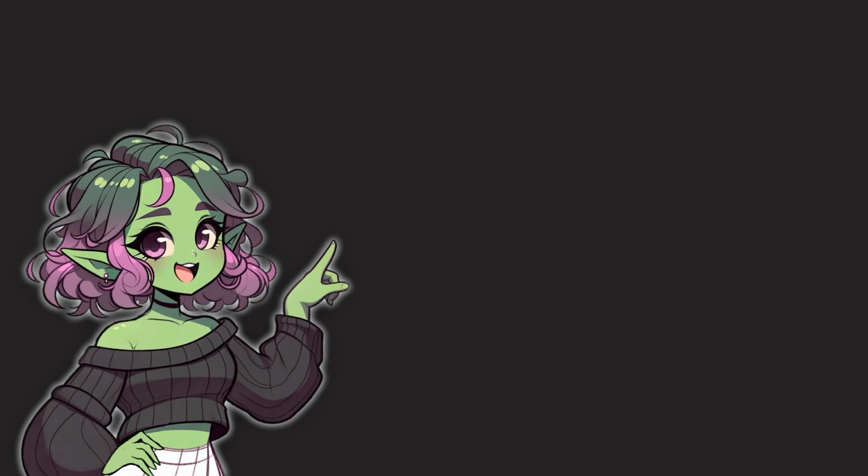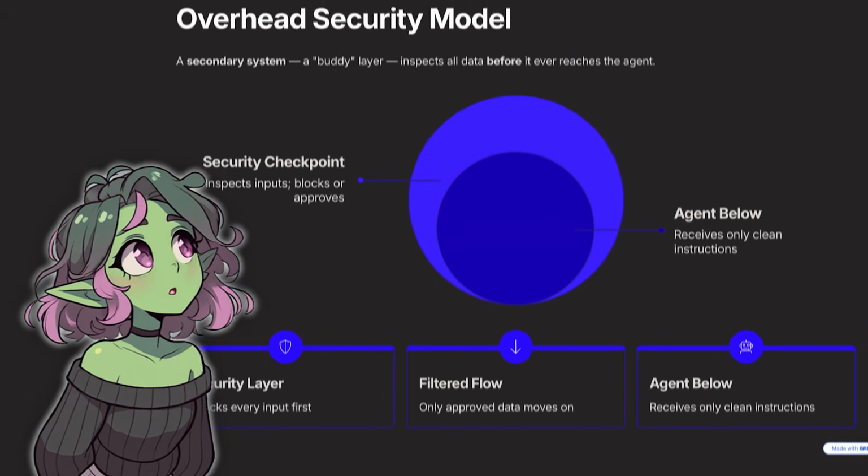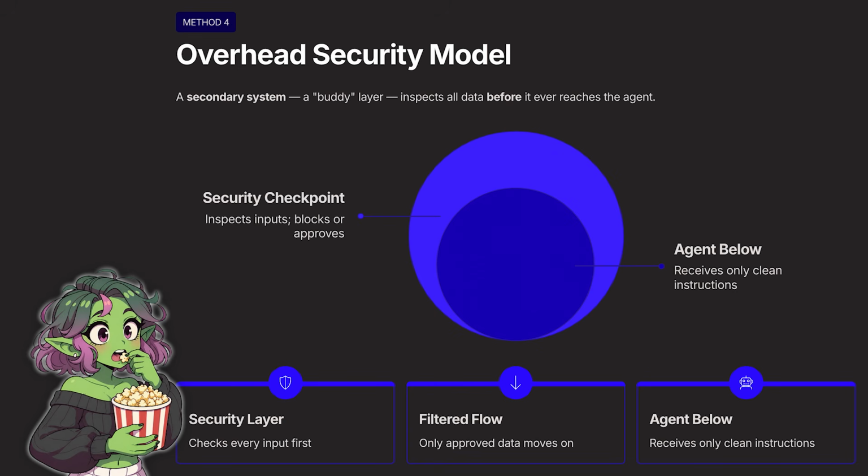The last option is more involved, but in my opinion, it's the best of the three and one I continually advocate for on this channel. It's an overhead model. By creating a small buddy or adaptable arm to your agentic harness, you can have a secondary system, the same model if you really, really want to, look over data before it's sent to the agent for processing.